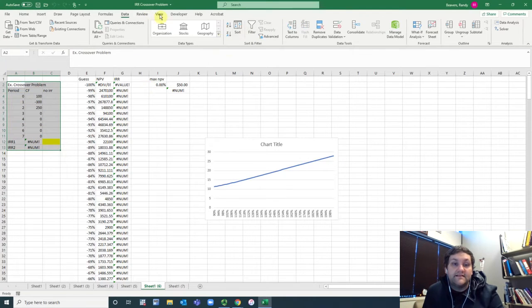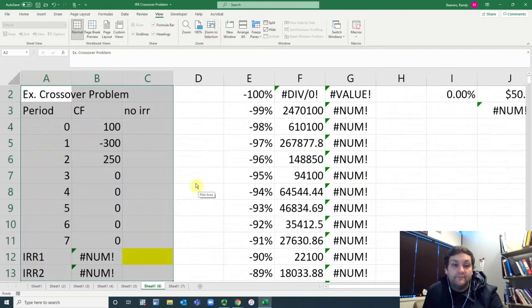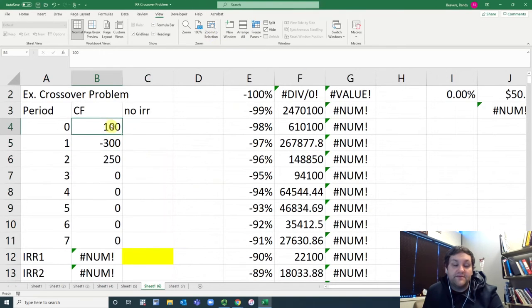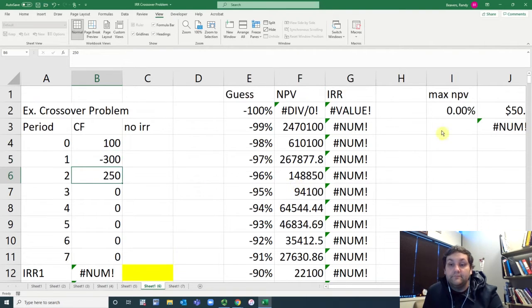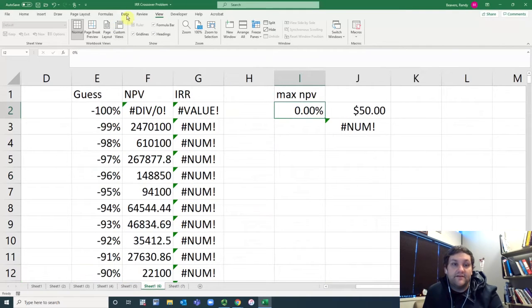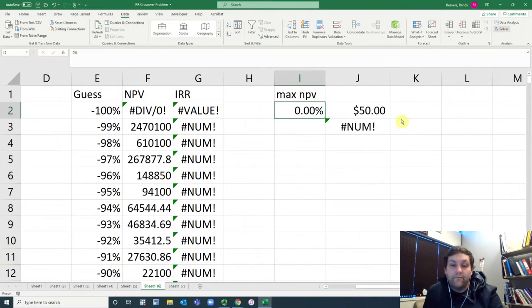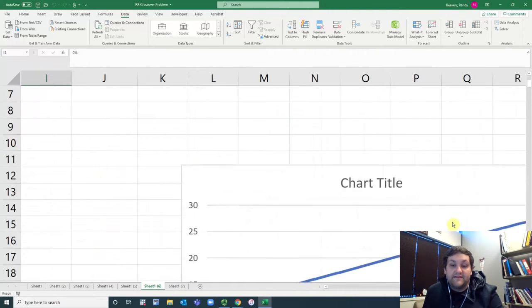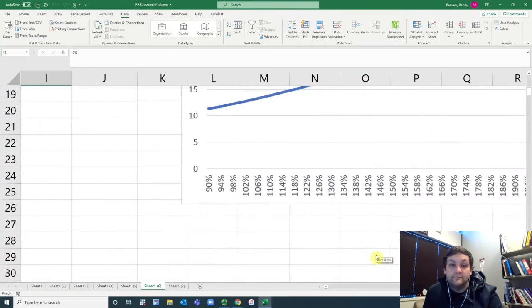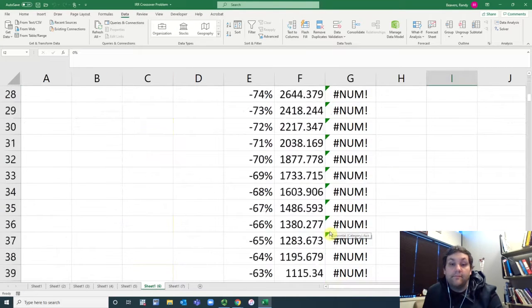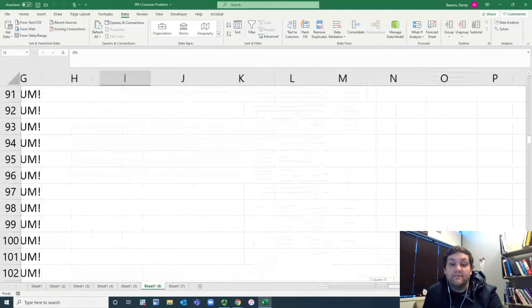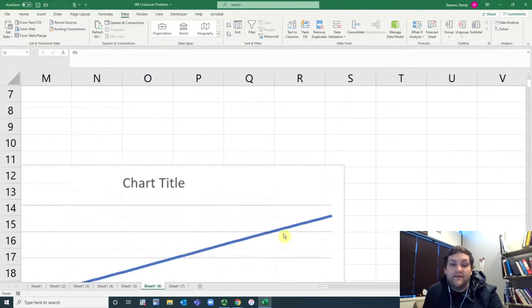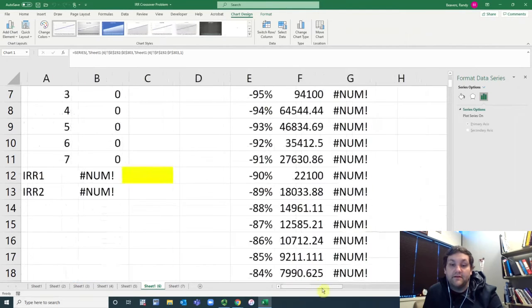And here's an example of that, where you pay 100 today, you receive 100 today, pay 300 next year, and then get 250 back in 2 years. So if I were to try to maximize this, let's see if we can do that. Here at 0%, we get a max of 50, but this particular graph may not be showing that, so I can edit that real quick to show you.